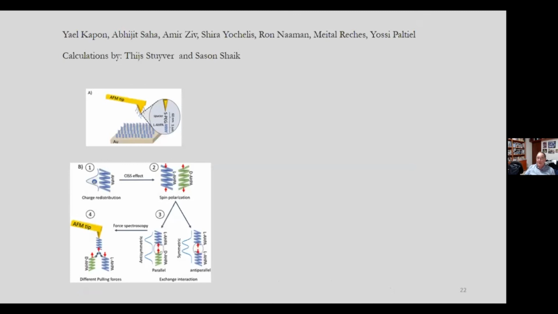And to prove it, here's an experiment that was done together with Mital Reches and Yossi Paltiel from the Hebrew University. I'm summarizing briefly here. We put chiral molecules on the tip of an AFM. The chiral molecules are also adsorbed on the surface. And basically, we measure the force between the tip and the surface when the two molecules are homochiral or heterochiral.